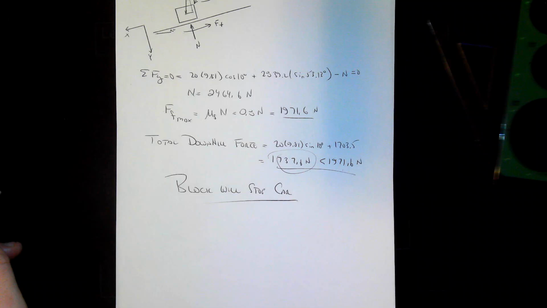All right, now the static friction that's available going this way, F friction max, is mu(s) times n, which is 0.8 times n, and that works out to be 1971.6 newtons. And so here's the normal force, and there's the unit newtons. That's a little confusing, but I trust you can keep it straight. So that's what I have available to go here. How much did I need?